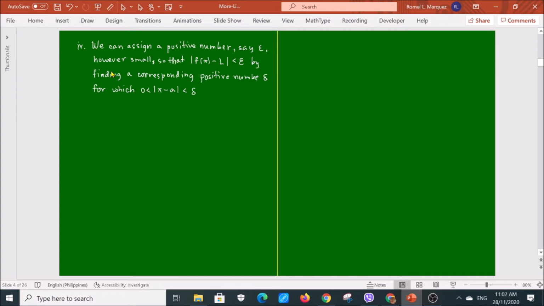Okay? So we can now simplify this. So we can assign a positive number epsilon, however small, so that the absolute value of f of x minus L is less than epsilon, by taking a corresponding positive number delta for which the absolute value of x minus a is between 0 and delta.